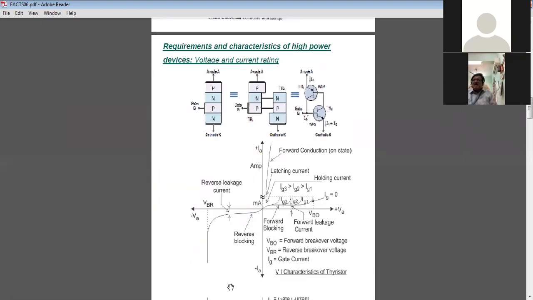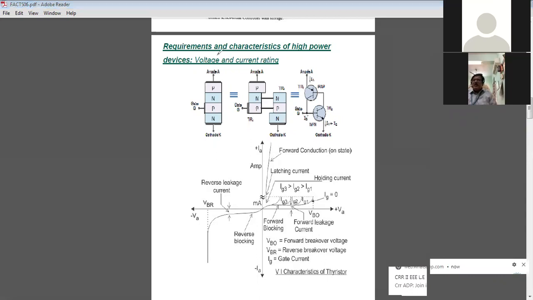We'll discuss the simple basics of thyristor. Last class we have seen thyristor. Though you know about this one, try to concentrate. Here it is a simple thyristor we have taken. The symbol is this one. It has anode, cathode, like a diode, and the gate terminal.